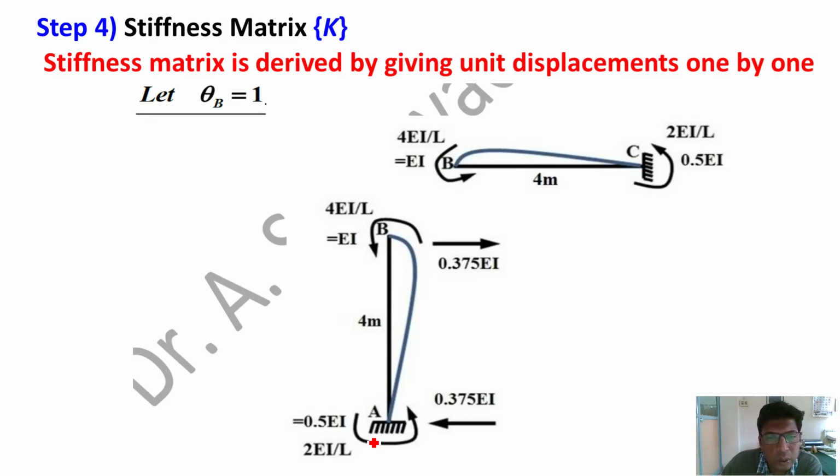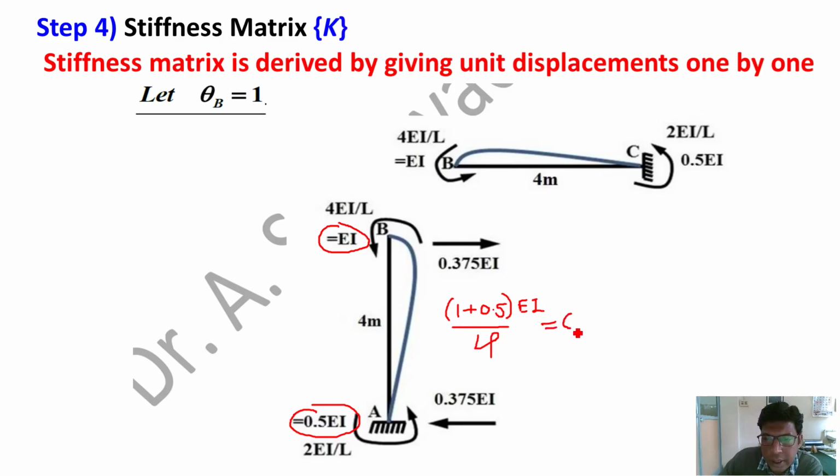So reactions will be because of only moments. Reaction is equal to sum of moments divided by span. What are the moments? 1 EI at B, 0.5 EI at A. So what is the sum of moments? 1 plus 0.5 EI, that is 1.5 EI, divided by span, which is 4.